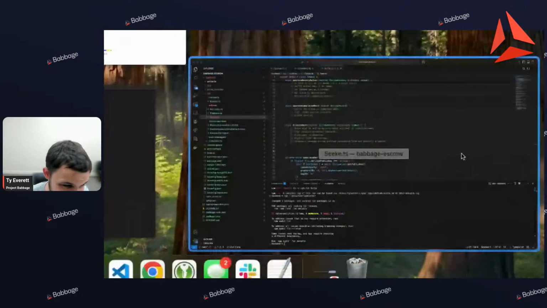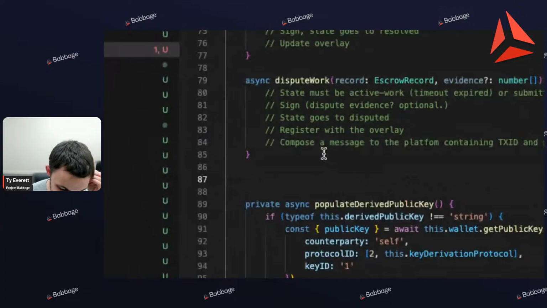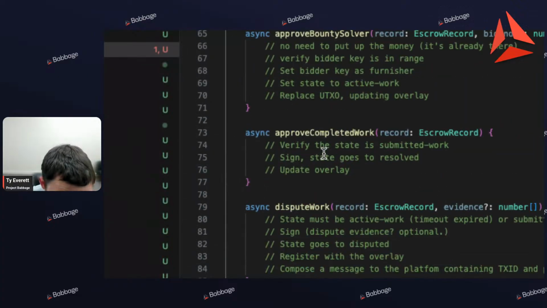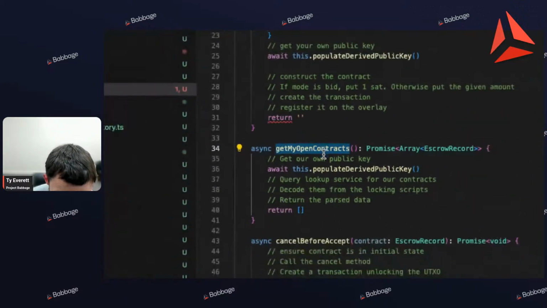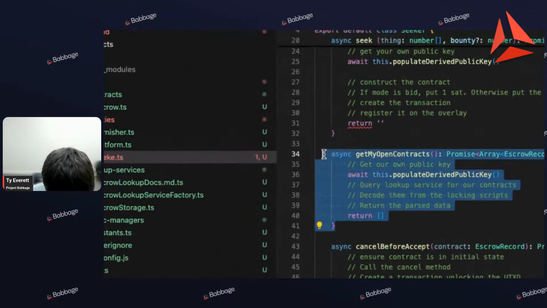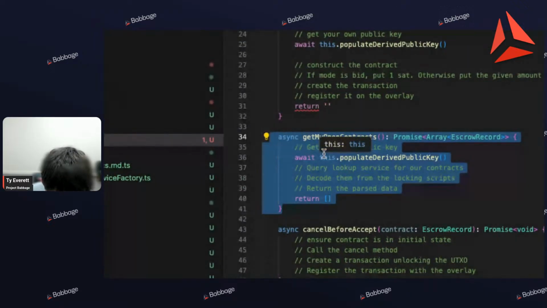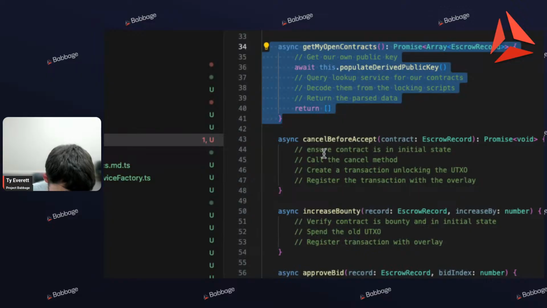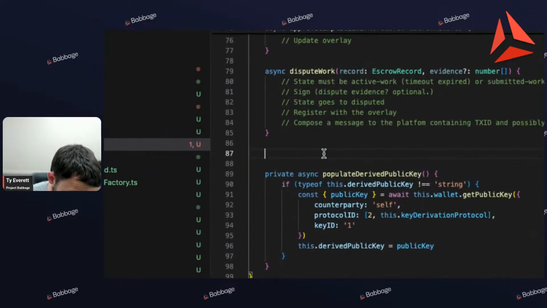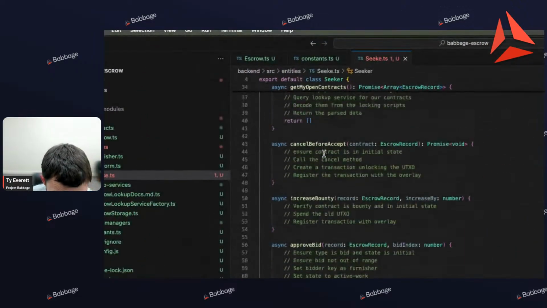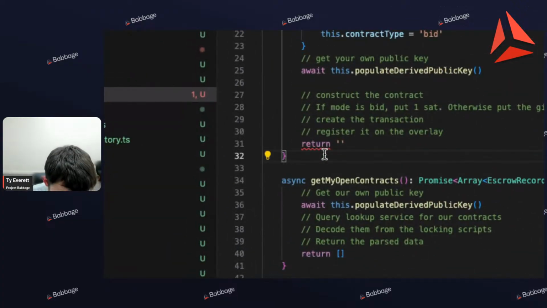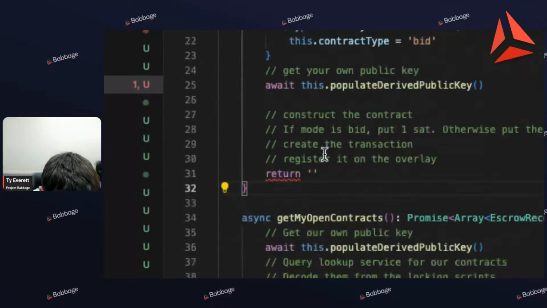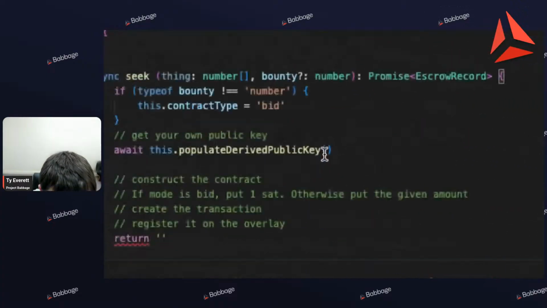I can list my active disputes. How does that work? So to list active disputes, we have this get my open contracts function. And if one of them goes to resolved, then, there's that. Not the worst thing.